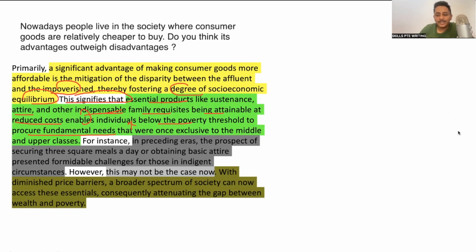Correct, or middle class. So here what I'm doing, I'm comparing the middle class, upper class, and below poverty line. Reduction of the price, what has it done, even the people from below poverty line can have access to it, which once was exclusive only to middle class and upper class.